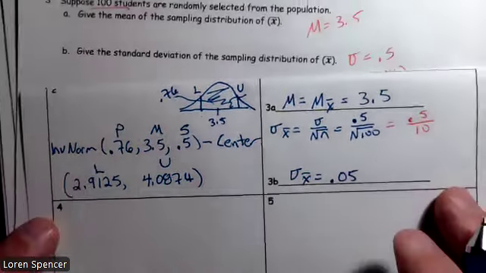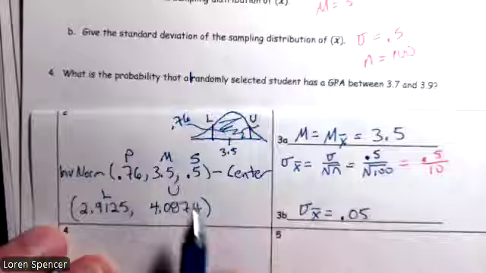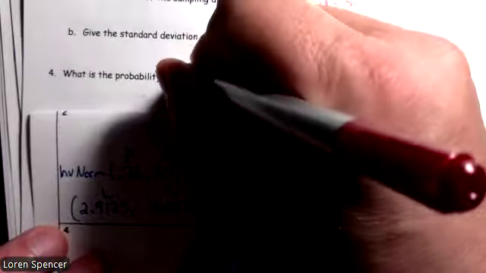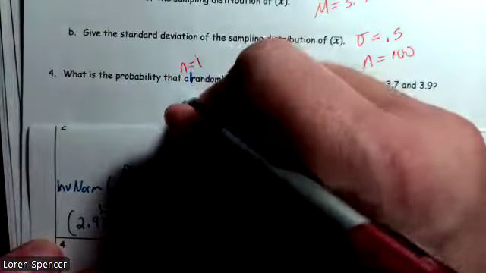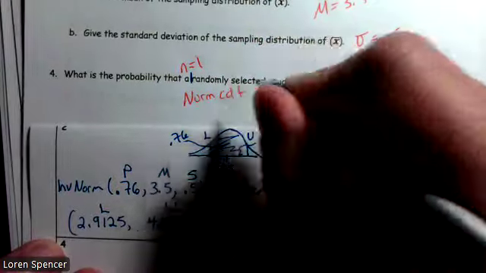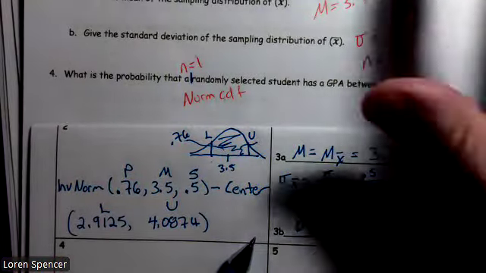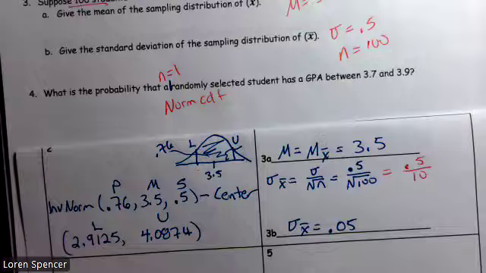All right. So moving on to number 4. What is the probability that A, okay, when we see the word A, they're telling us n is 1. If that's the case, then this is going to be a norm CDF. Selected student has a GPA between 3.7 and 3.9. So here's what we need to see on your test. I need to see your drawing.